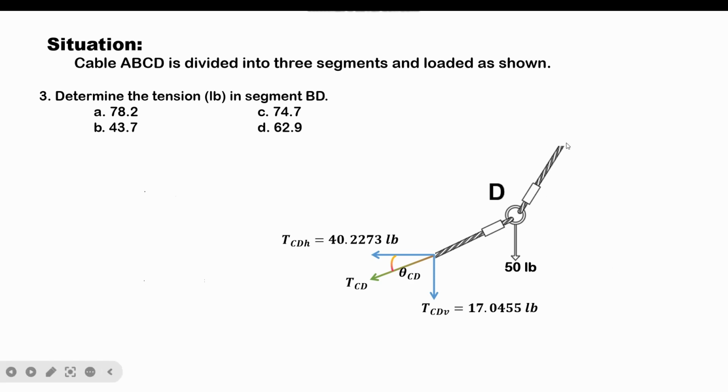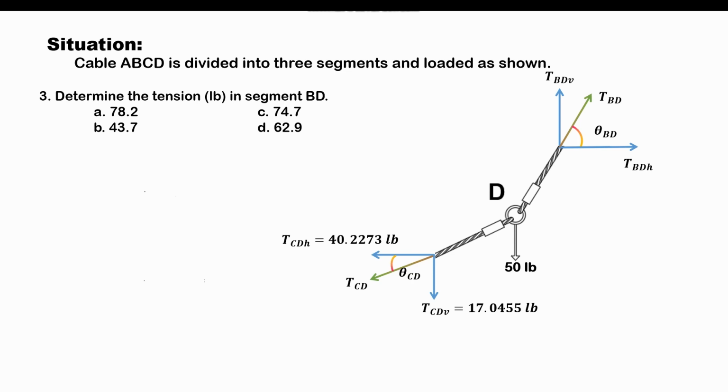And this segment here is segment BD, and the tension there is denoted as TBD. Likewise, let's say this is theta BD, which is the angle that tension BD makes with the horizontal. We also convert this tension into its components: this is its horizontal component, denoted here as TBDH, and this is its vertical component, denoted here as TBDV.